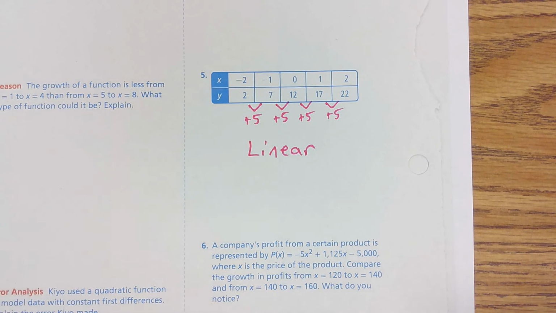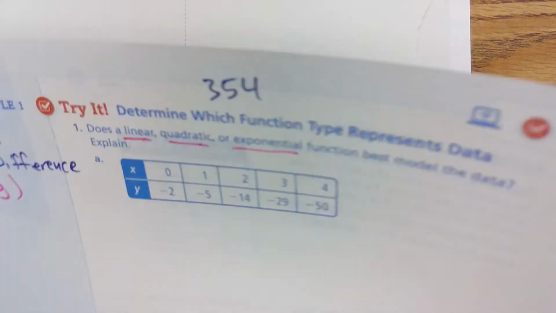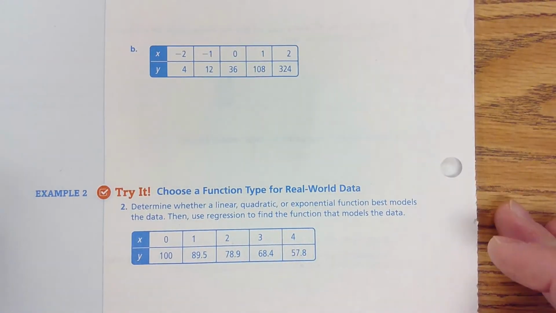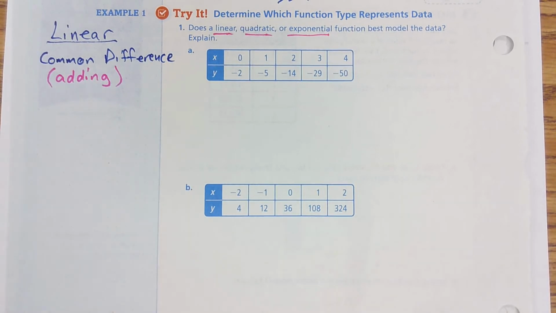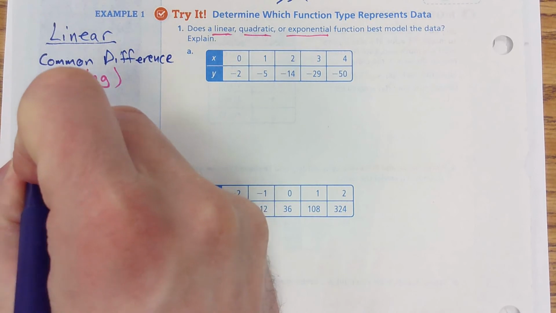Okay. So let's flip back now to 354 and we can continue looking at the other two types. So back on 354. The next one that we need to look at is the other one we've done this year already, and that is an exponential function.